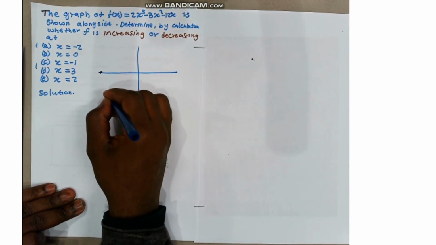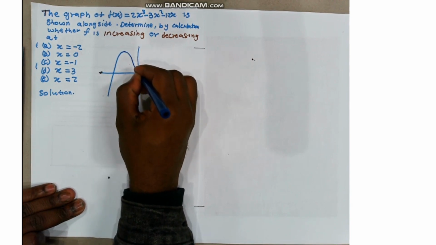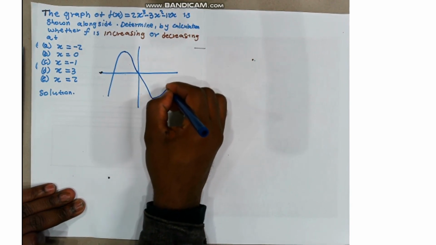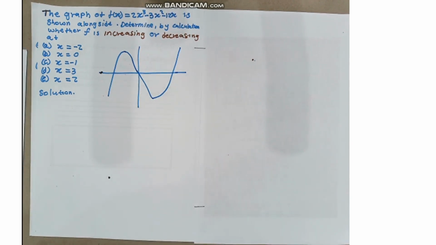We haven't learned how to draw the graphs yet, so we still have to learn that, but we're just interpreting the graph now in terms of increasing and decreasing. So continuing from the previous video, now let's do examples in terms of how we see a graph increasing and decreasing.